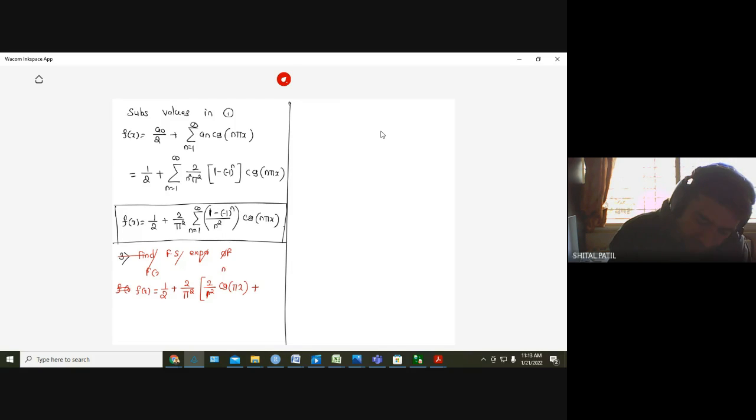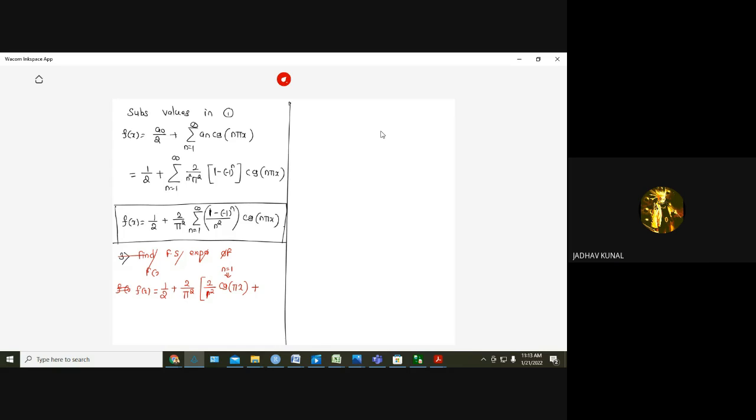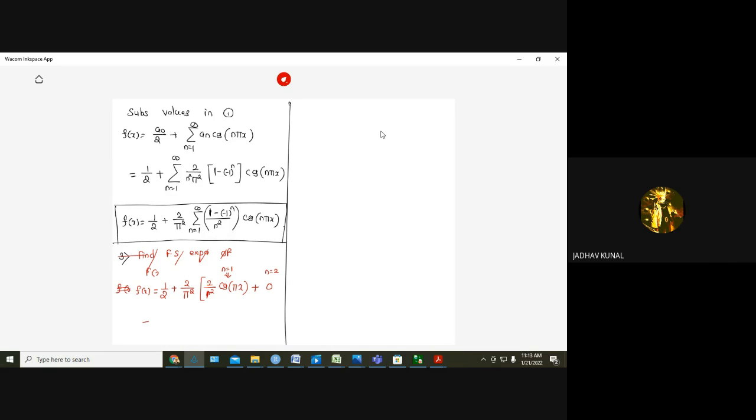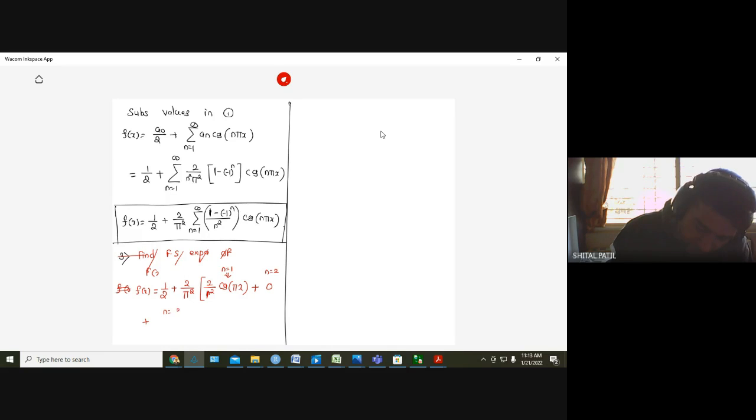So this is when n equal to 1. Take n equal to 2. It will become 0, since minus 1 raised to 2 is plus 1, and minus 1 plus 1 is 0. So n equal to 2 gives 0. Even powers give 0. Now take n equal to 3. It will be 2 divided by 3 square cos of 3 pi x.